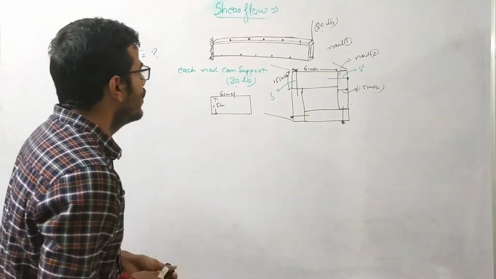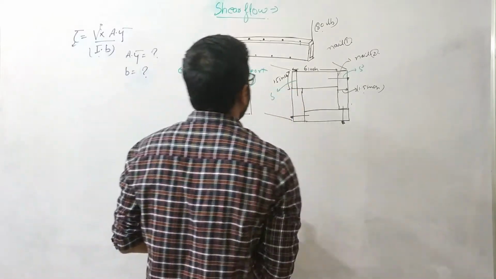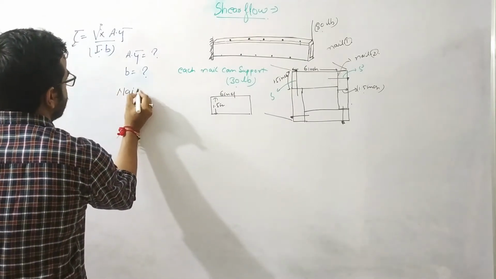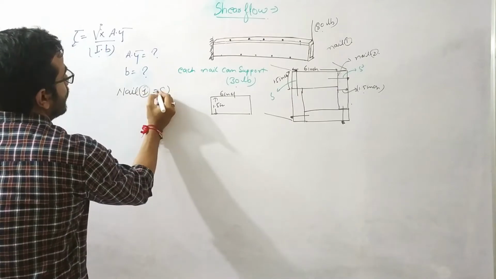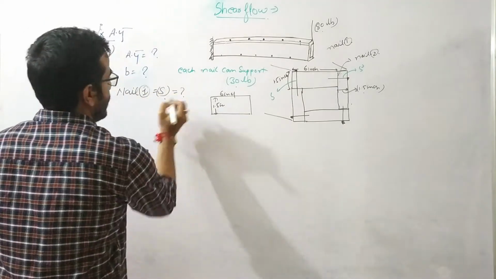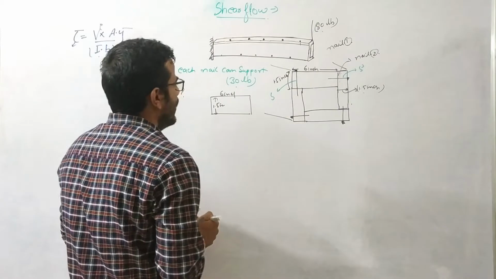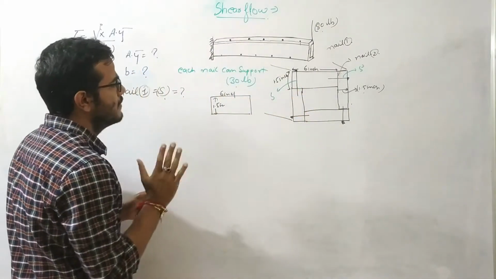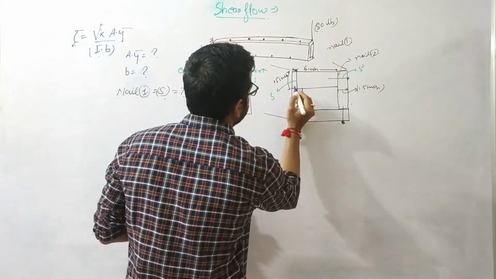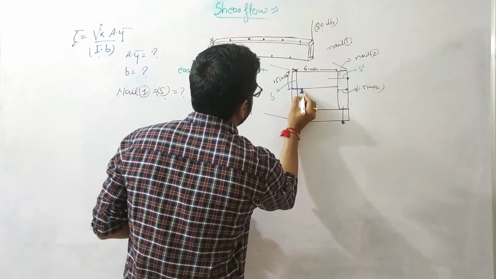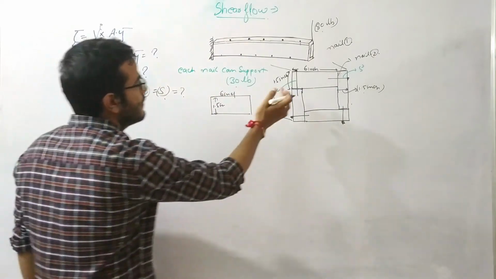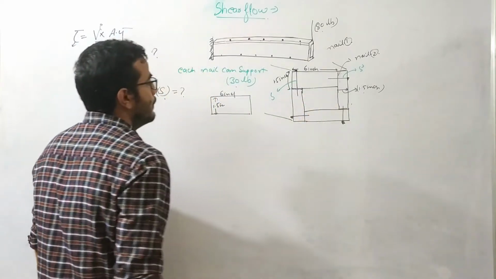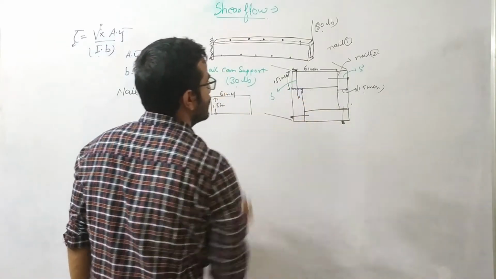As you can see, first I am solving this problem for nail 1, where I need to calculate the spacing of the nails. This nail is restricting the relative movement between these two portions, this portion and this portion.